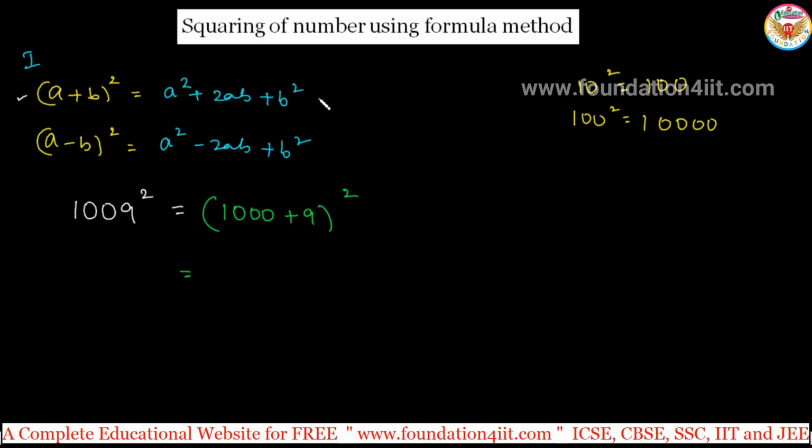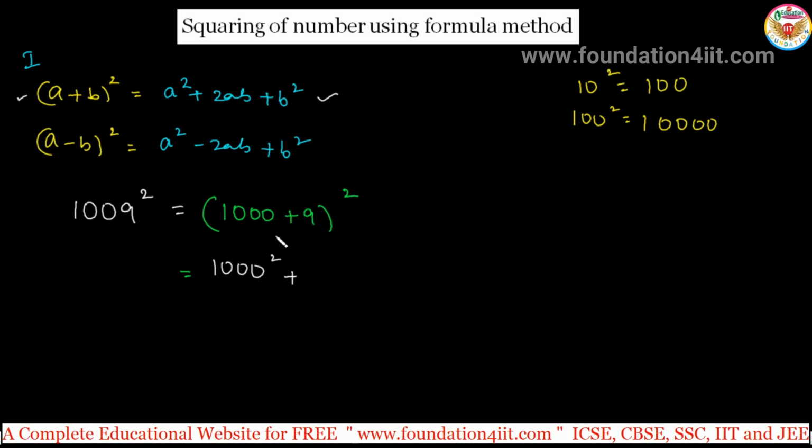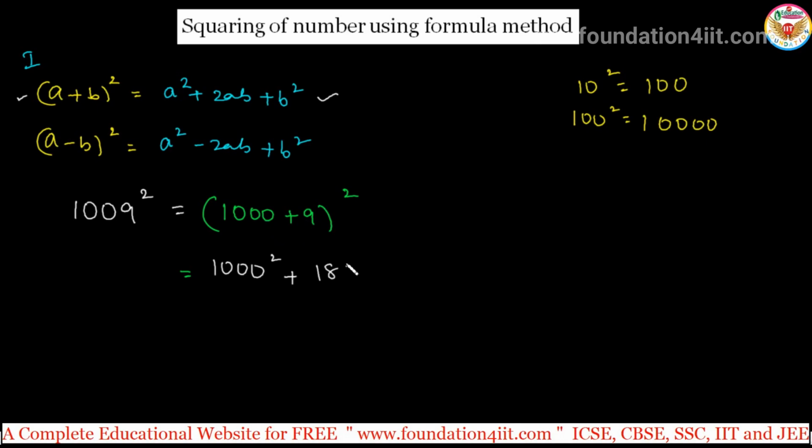In (a plus b) whole square format, it is 1000 square plus 2 into the first number into the second number, 1000 into any number makes thousands, right? So 2 into 9, 18. Okay, to make it clear, I write step by step with brackets.